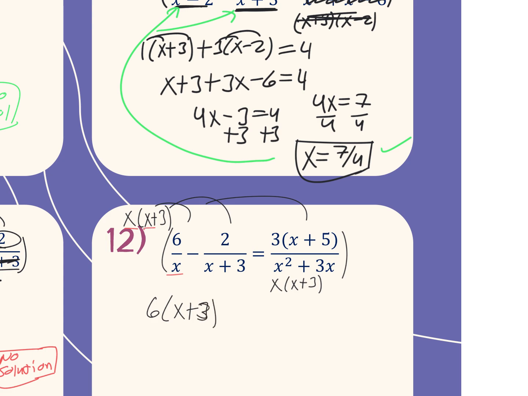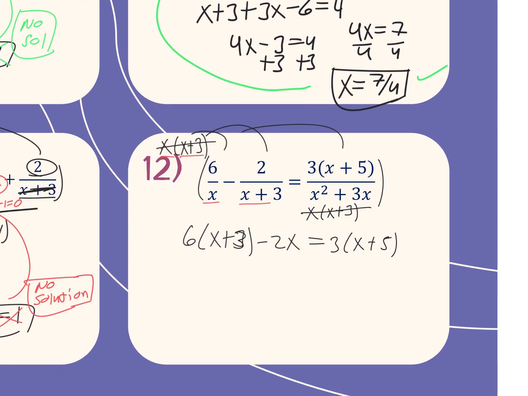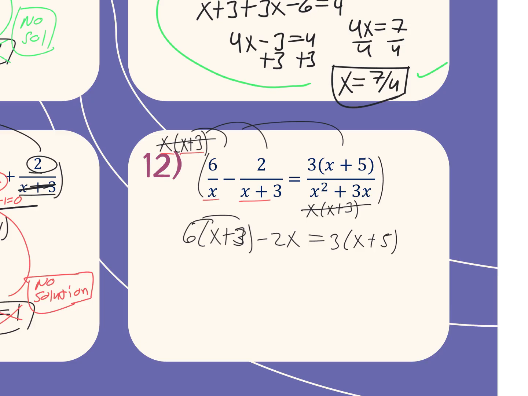This x plus 3 and this x plus 3 are going to cancel as well, leaving us with a minus 2 times x equals, and it looks like everything over here cancels with this. So it's going to equal 3 times x plus 5, and then I can distribute that 6, and that's going to get us to 6x plus 18 minus 2x equals, I can distribute that 3, and that's going to get me 3x plus 15.